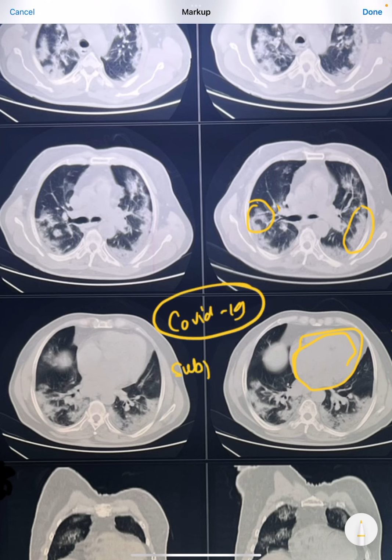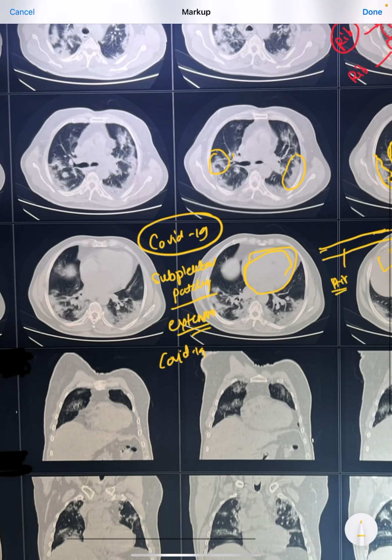Subpleural patchy involvement in the bilateral lung fields, that too extensive, involving the upper lung fields, middle lung fields, posterior lung fields and lower lung fields, is highly suggestive of COVID-19. So COVID-19 will show you dense white patches which are consolidations.